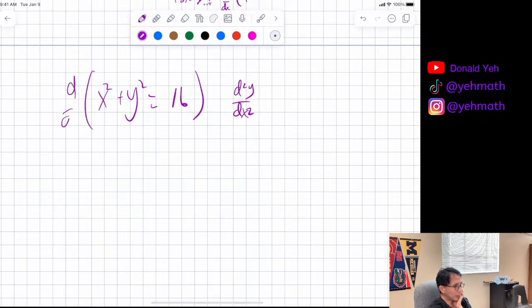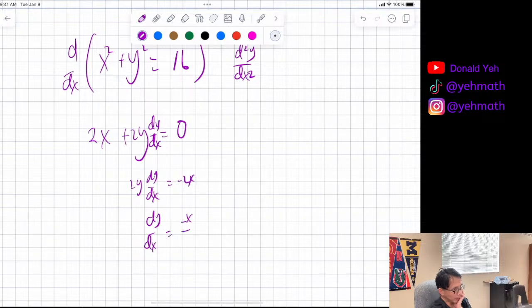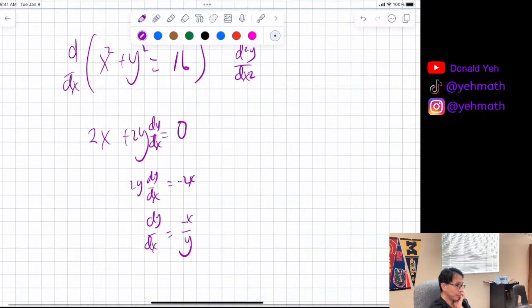If I take the derivative of this, Taylor, pay attention, I get 2x plus 2y dy dx equal to 0. Is that okay? I get 2y dy dx equal to negative 2x. I get dy dx equal to negative x over y. Is that okay so far? That's the first derivative.